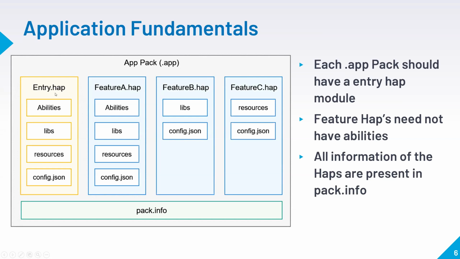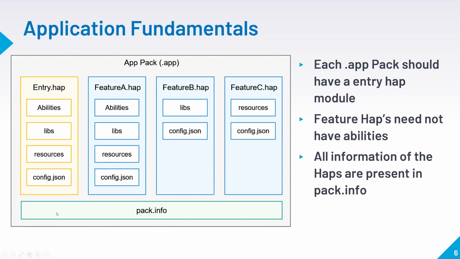Here you can see Harmony application packaging: a simple entry function with some abilities. It depends on a few libraries, resources, and configuration of JSON, which you would have seen in the previous session, how it is formed. We will see a demo today also about that.